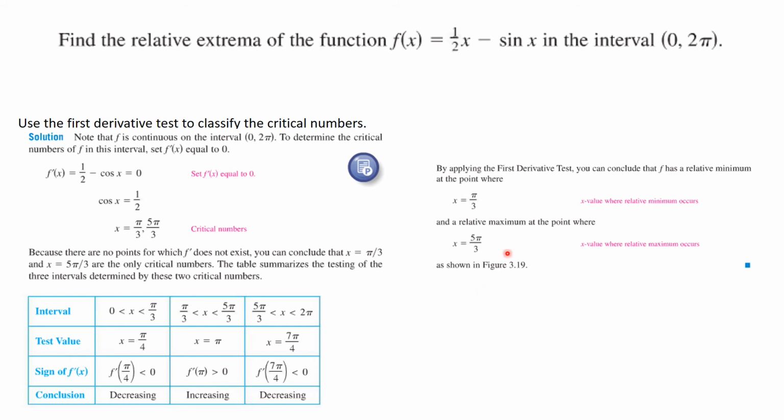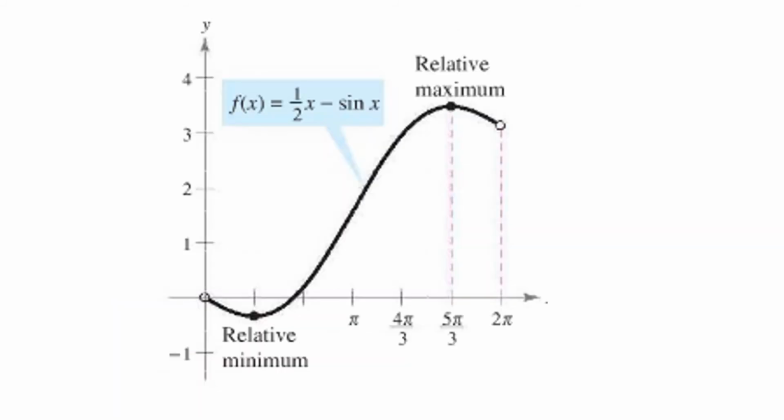Now, if we use the first derivative test, then we know from looking at these conditions that this is an x value where a relative minimum occurs, and there's a relative max at a point where x is equal to 5 pi over 3. A good example. And the picture verifies that we did a good job with that.